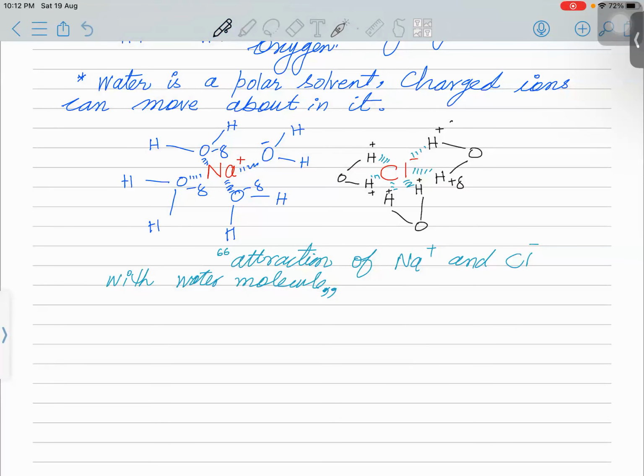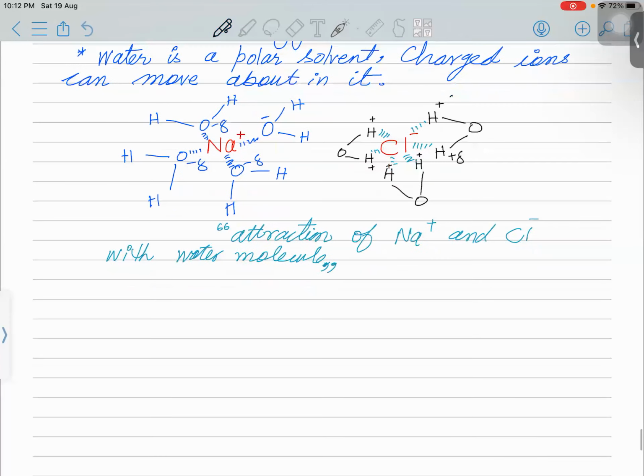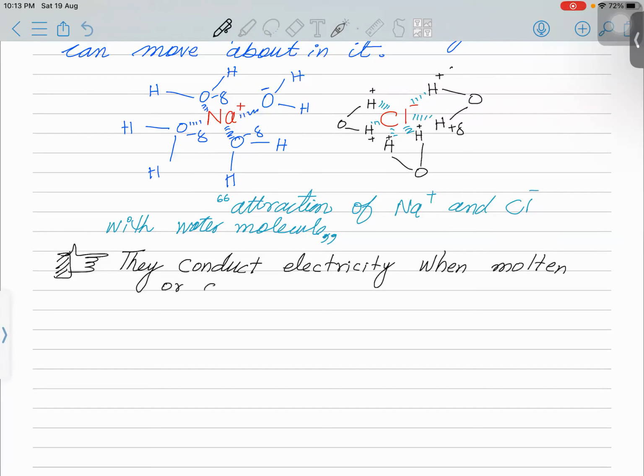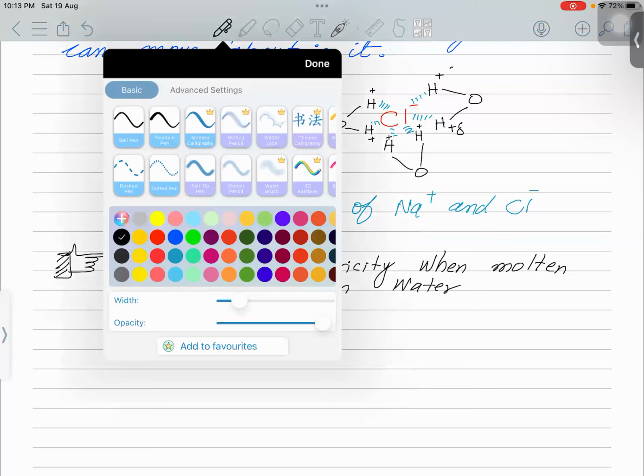The third property is that they conduct electricity when molten or when dissolved in water.